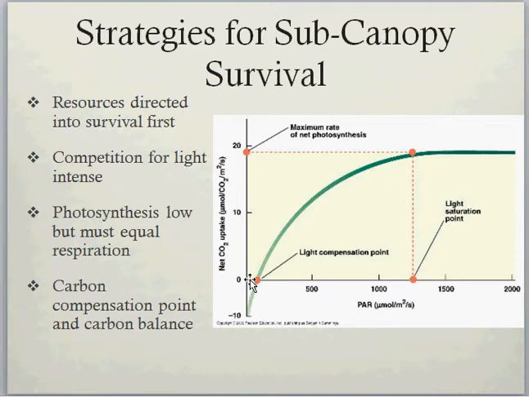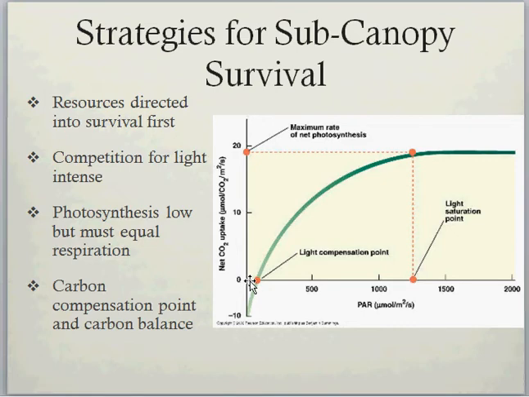So what that means is a plant which is adapted to growing in the understory will be able to balance photosynthesis and respiration at a lower light level than a plant which is more adapted to open sun conditions. So the carbon compensation point is at a lower level of irradiance compared to a plant which needs more light to grow.